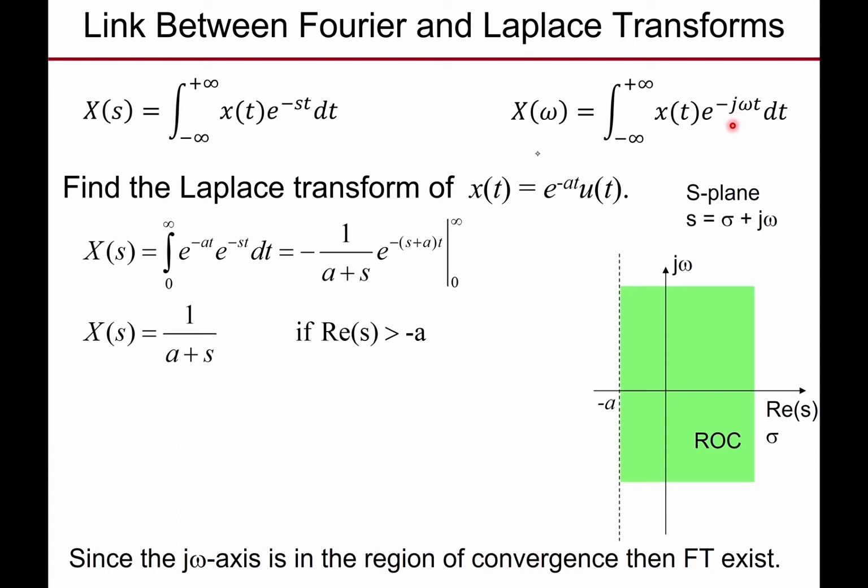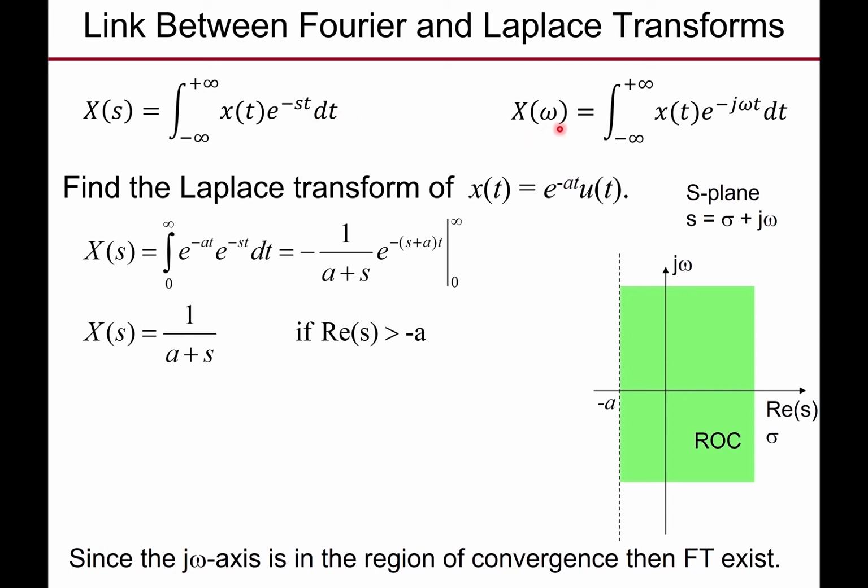So X of omega has the strength of signals that have frequency on the j omega axis, that means sinusoidal. But the Laplace s can be somewhere here, so that means it's sinusoidal with decay. And that's the difference between Laplace and the Fourier transform.